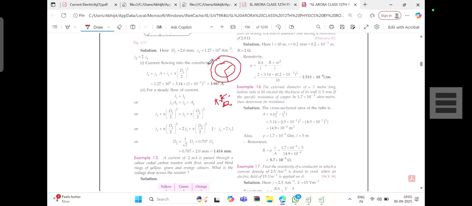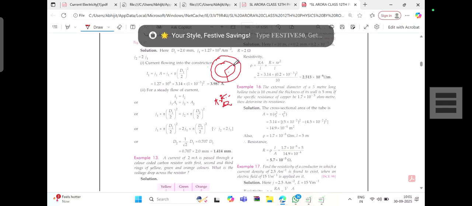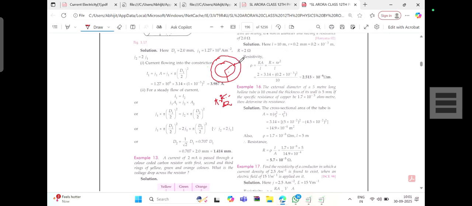If I calculate the area in this region, because current flows there, I have to calculate the area of the outer surface, that is πR2², and the inner surface is πR1².